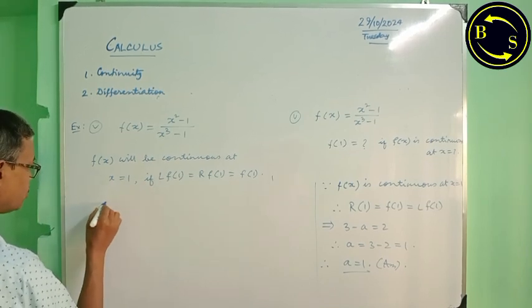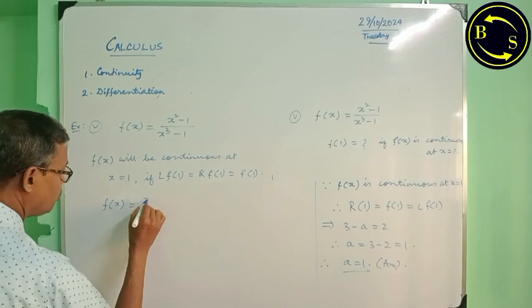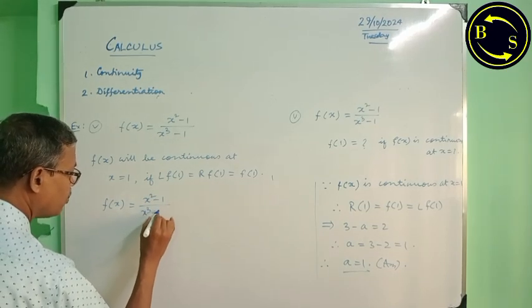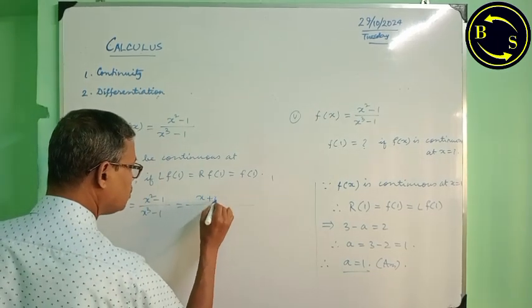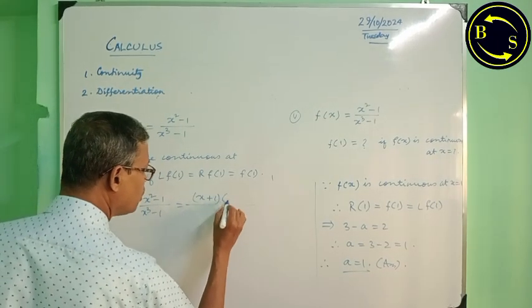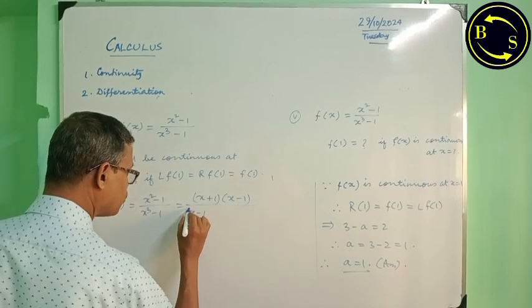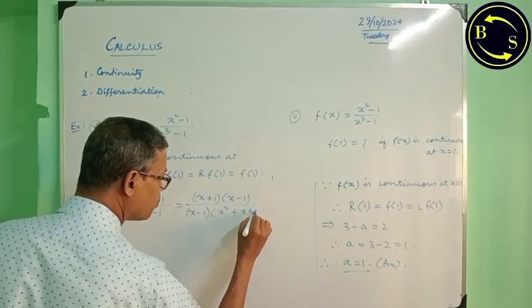Now first we note f(x) is equal to x square minus 1 by x cube minus 1, where the numerator is (x plus 1) into (x minus 1), and the denominator is (x minus 1) into (x square plus x plus 1).